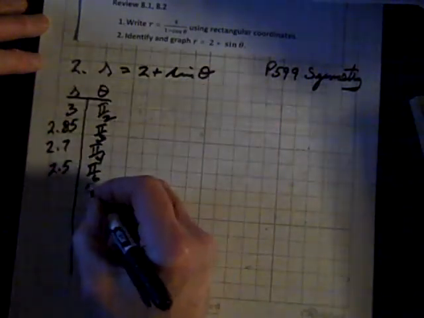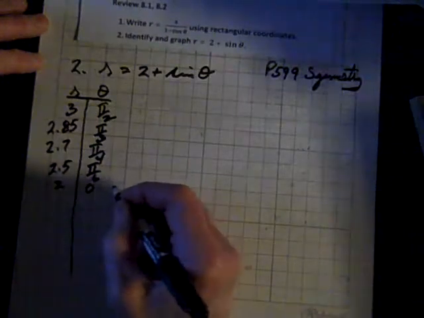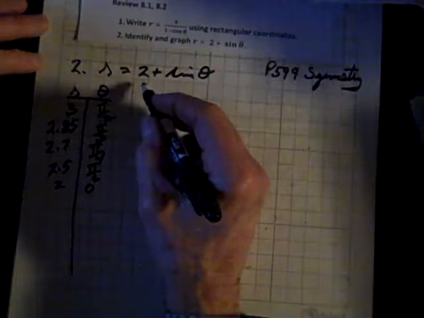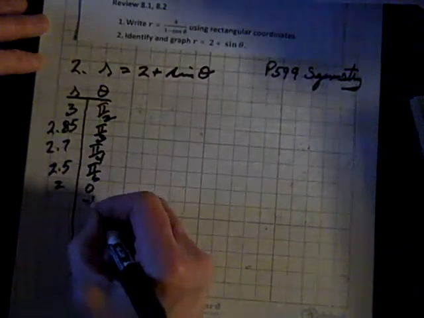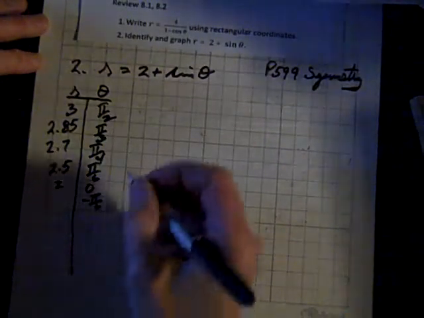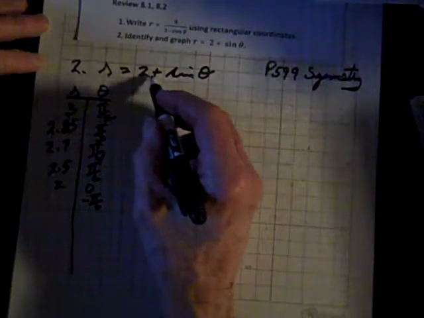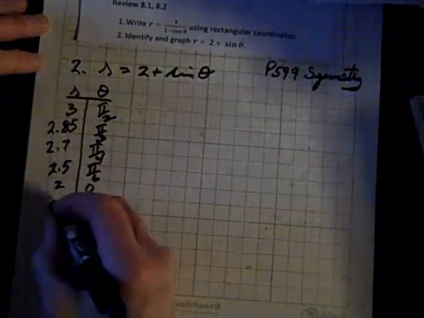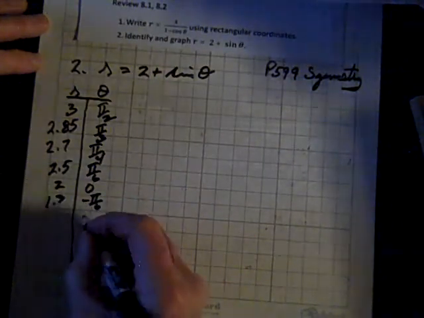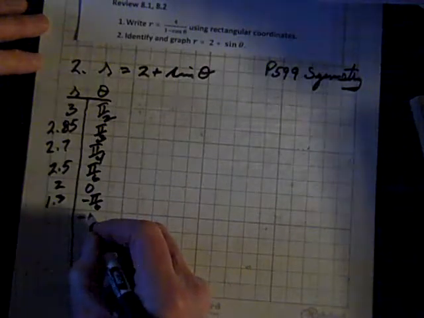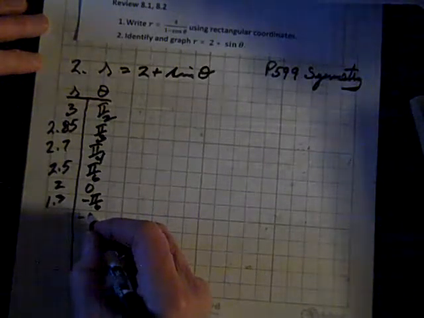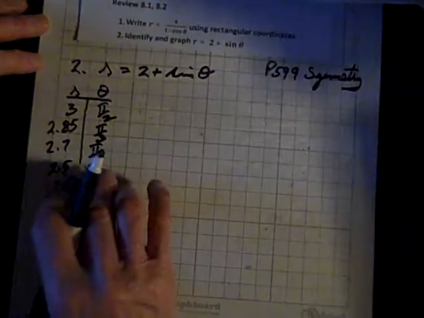If you're talking 0, the radius will be 2. Now, if you go to negative pi over 6, what we get is 2 minus 1/2, which will be 1.5. Did I do that right? Yes.